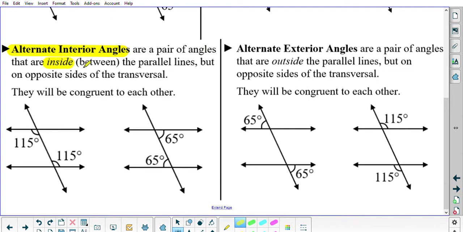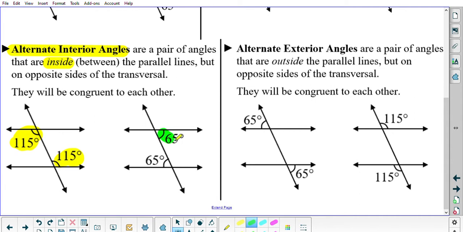And when I say inside, I mean between the parallel lines, but are on opposite sides of the transversal. So you can see here, this angle here is between the parallel lines, and this angle here is also between the parallel lines, but they are on opposite sides of the transversal, and they are congruent to each other.